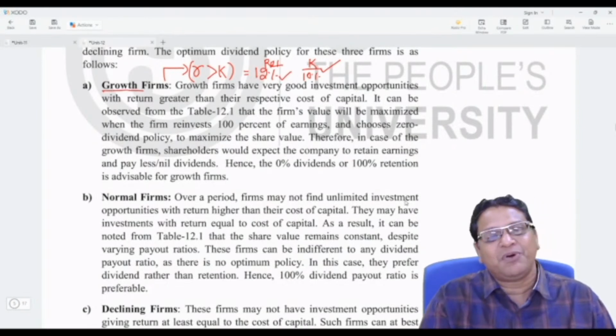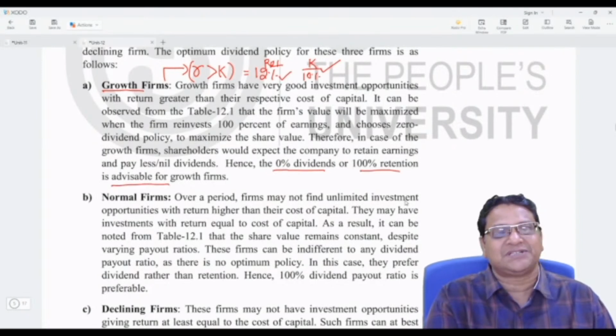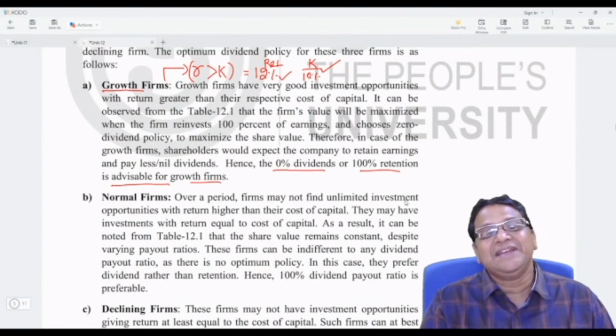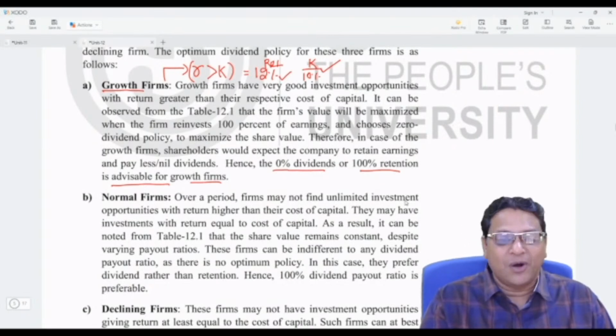As per Walter's model, the advice is the company should pay 0% dividend, or retain 100% of its profit for the firm's growth. So a growth firm should not pay any dividend. If a growth firm pays any dividends, its market value will come down.